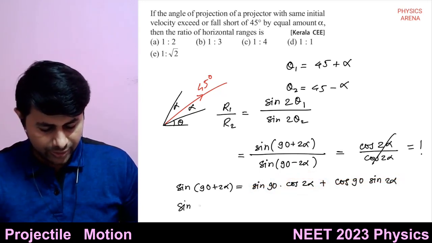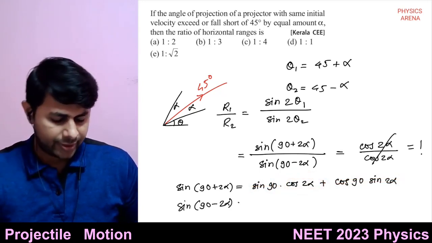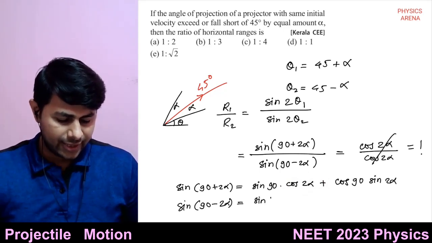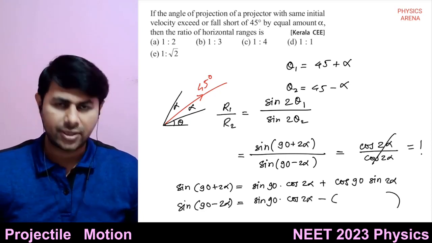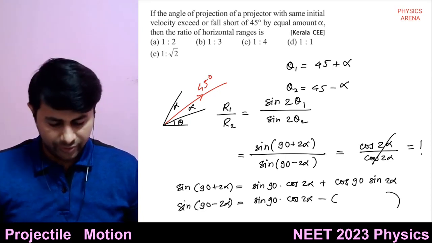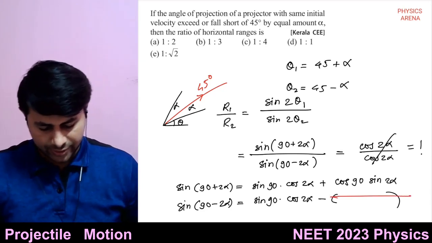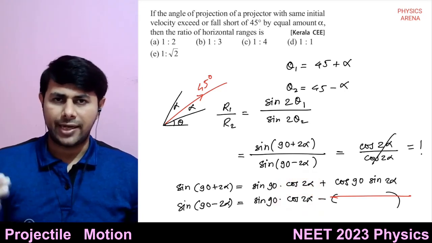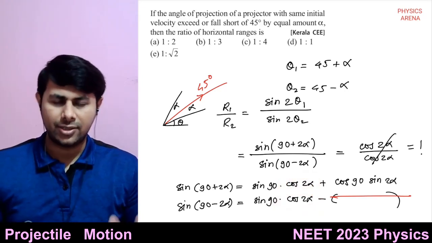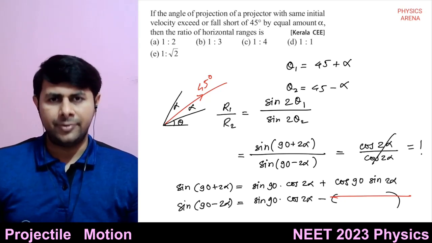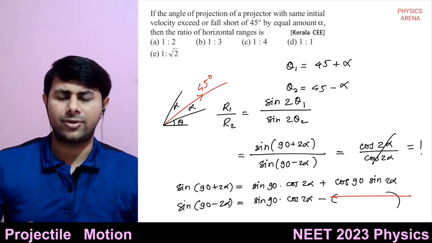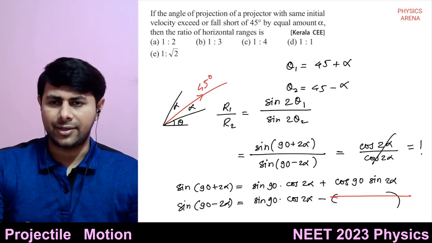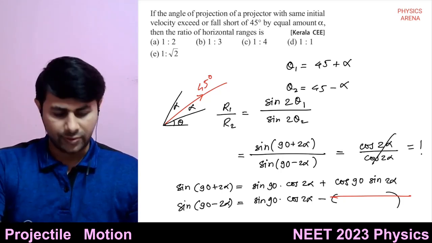And sine of 90 minus 2 alpha is sine 90 cos 2 alpha minus cos 90 sine 2 alpha. The second term vanishes, so this is also cos 2 alpha. So sine of 90 plus something is cos of that angle, and sine of 90 minus something is also cos of that angle. This is clear? Yes, sir.